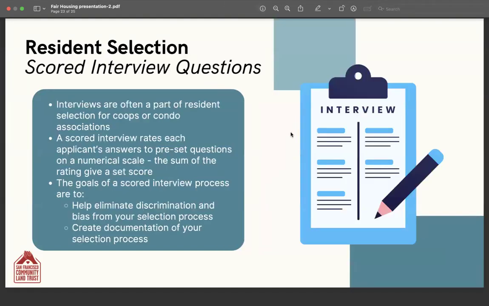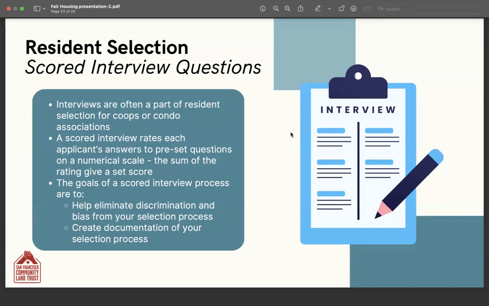Okay, the final best practice that I wanted to talk about today includes using scored interview questions as part of selecting someone to rent or purchase a home. And I've seen these interviews most often used as part of resident selection for limited equity cooperatives or condo associations.